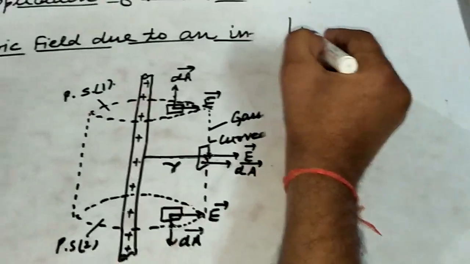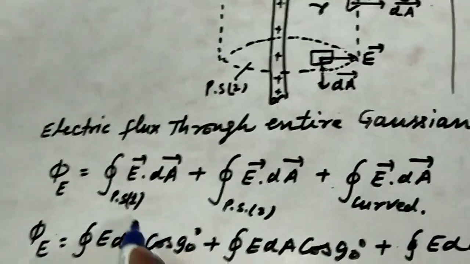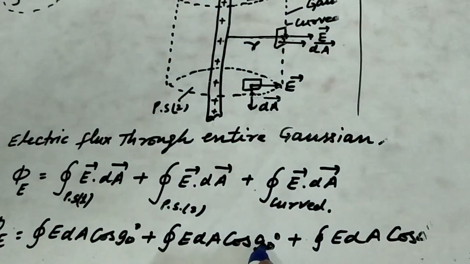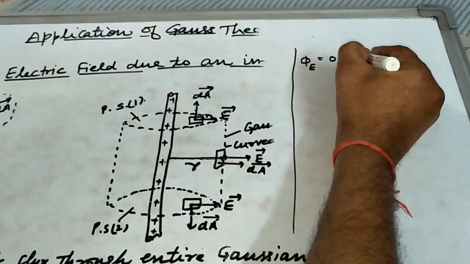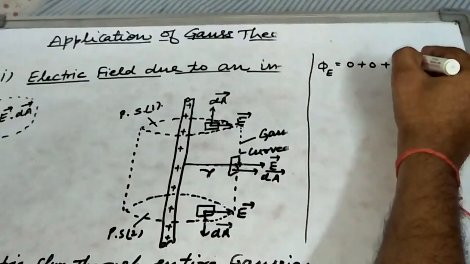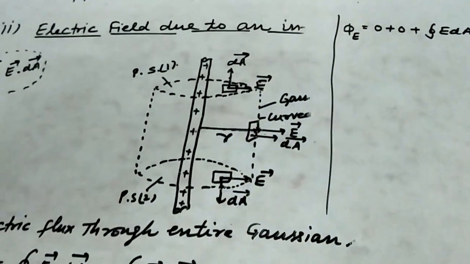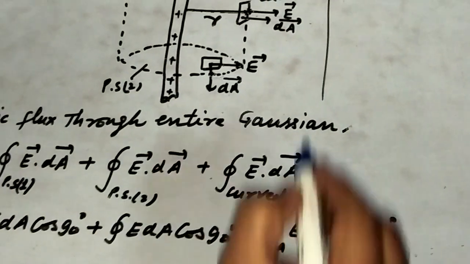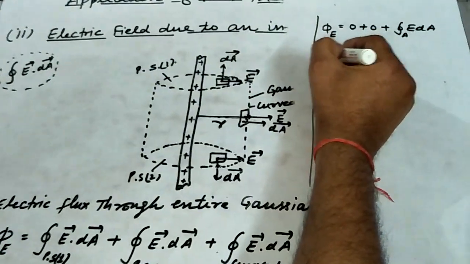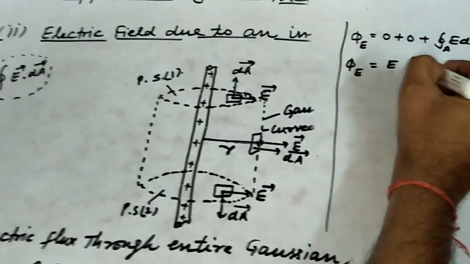So the total electric flux phi E is equal to, cos 90 is 0, so this entire term becomes 0. Plus, here also cos 90 is 0, so this term also becomes 0. Plus, cos 0 is 1, so you get only the integration of E dA for the curved area. E is constant, so phi E becomes E times the integral of dA.